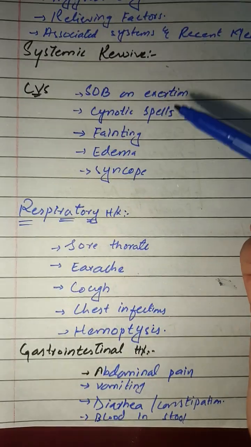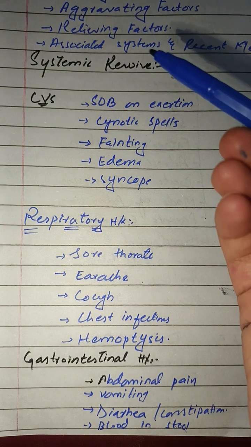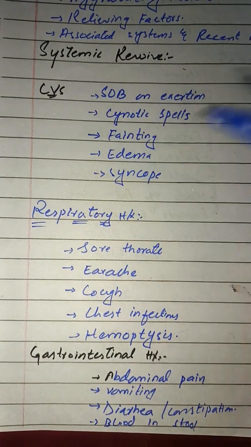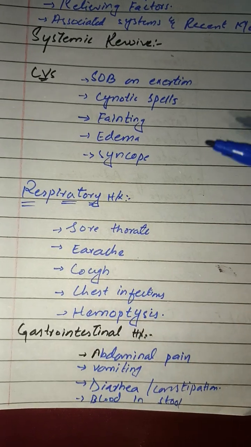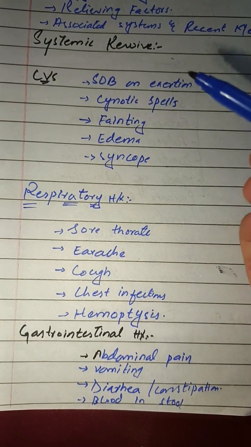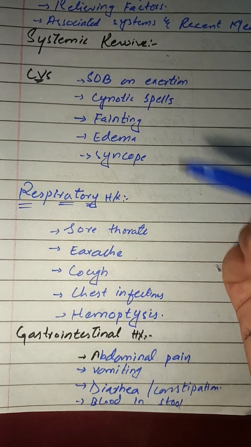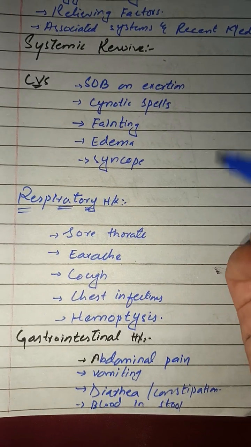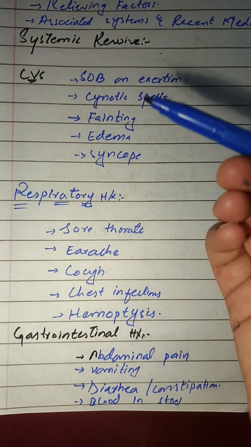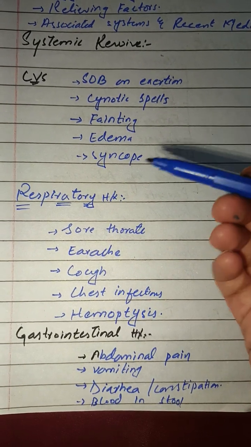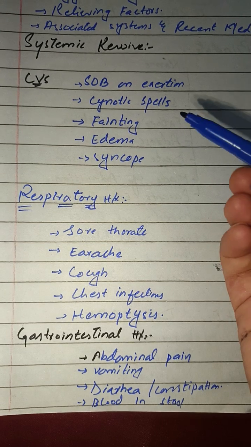Then we will take a systemic review of the patient. In the CVS we are going to ask about shortness of breath on exertion, cyanotic spells or blue spells, which come in a patient with tetralogy of Fallot. It is common in children with tetralogy of Fallot, so we have to ask about cyanotic spells.